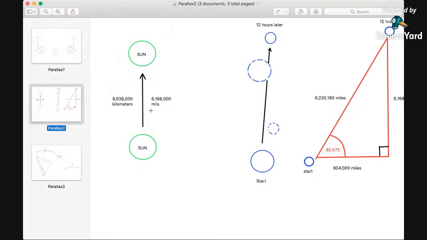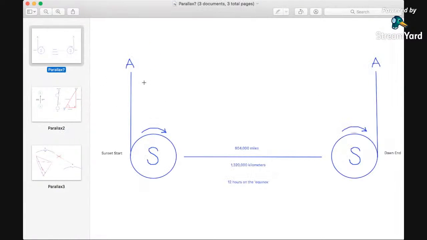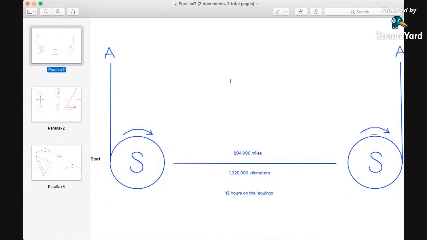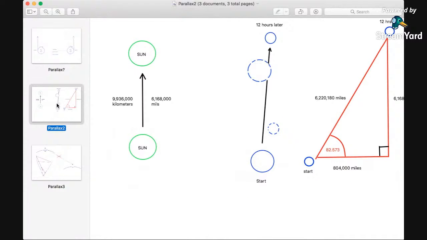So 6 million miles, that star that appeared to have moved these 804,000 miles plus the Earth's diameter. No, not really. It's really these 804,000 miles plus 6 million miles. That's right.